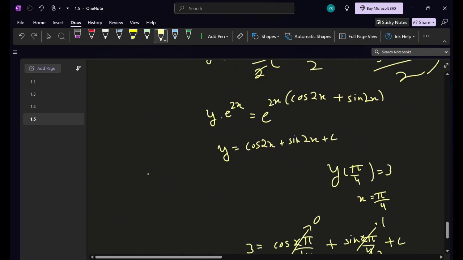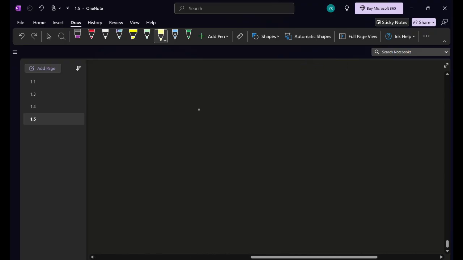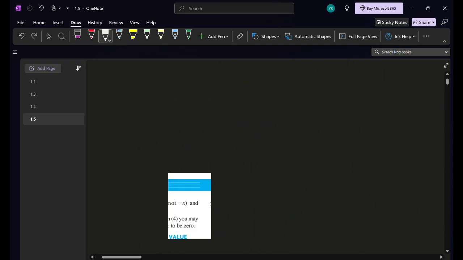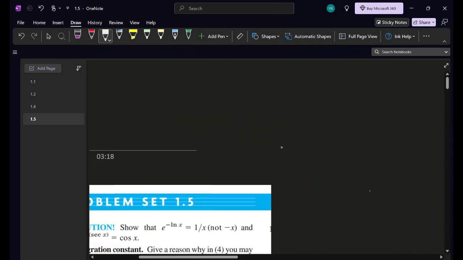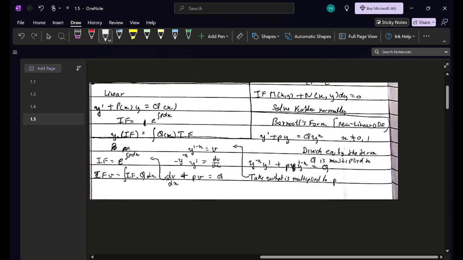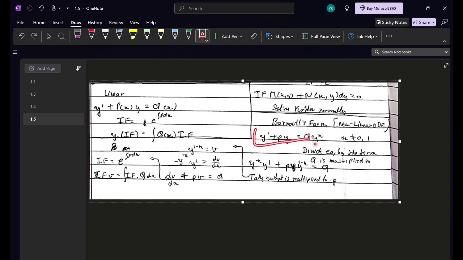So how do you solve a non-linear ODE? Well, let's see. In non-linear ODEs, our equation is given in this form.